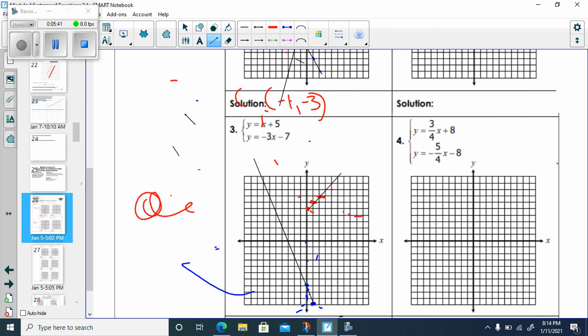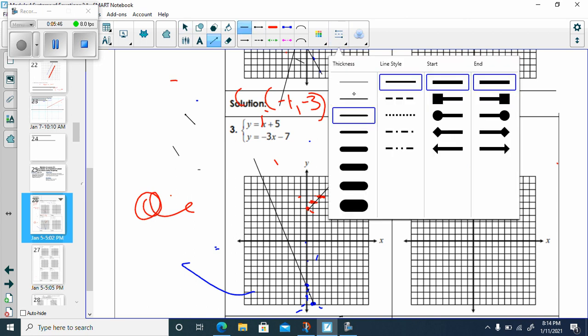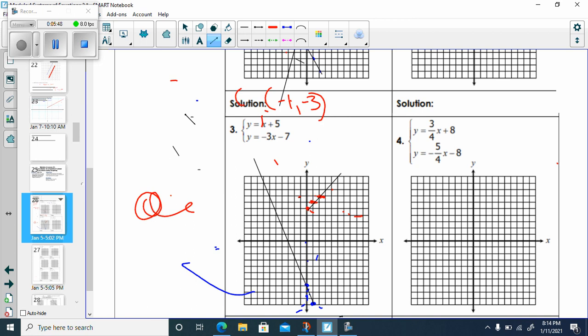And we've got to extend this line here and see where the two of them intersect.